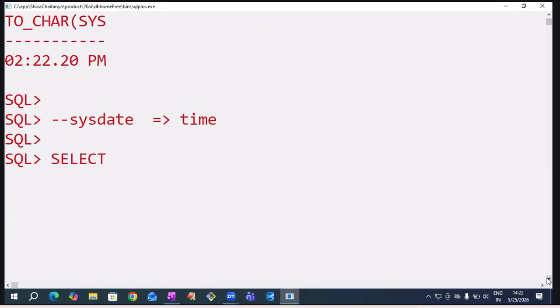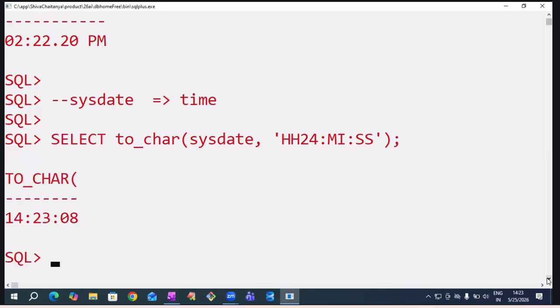Select to_char of sysdate, comma. How to get hours in 24 hours format? HH24, to get minutes MI, to get seconds SS. See, we are getting time in 24 hours format. Observe.